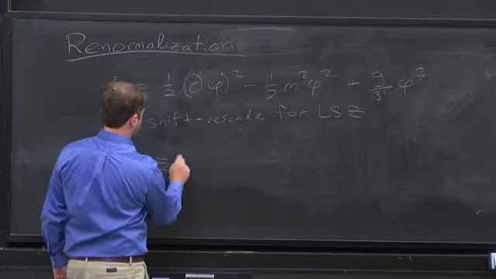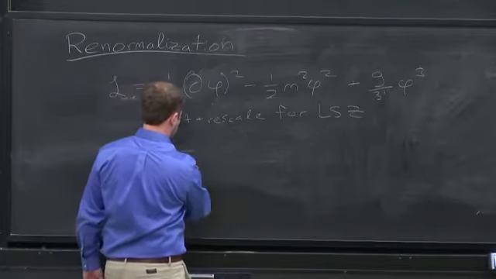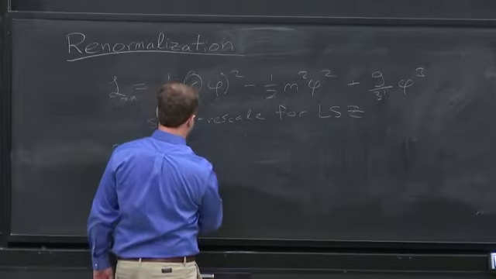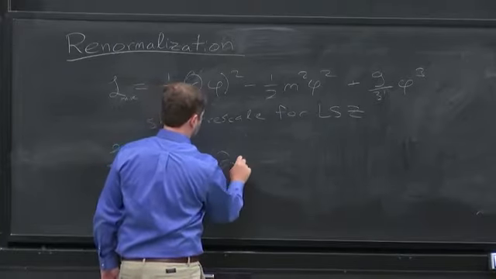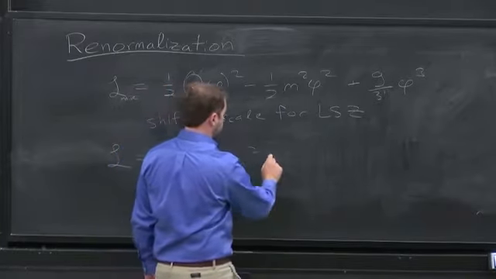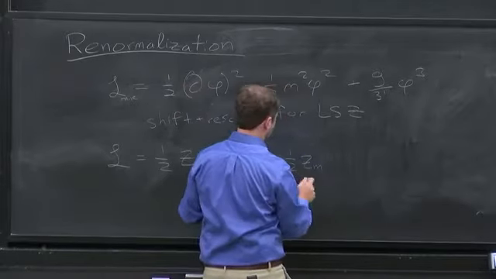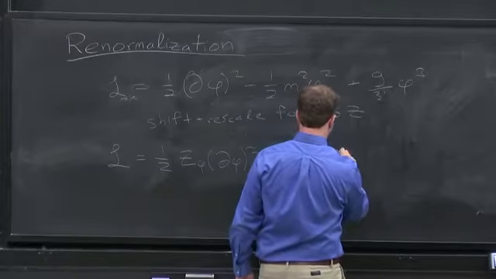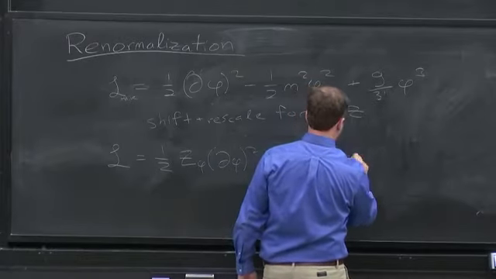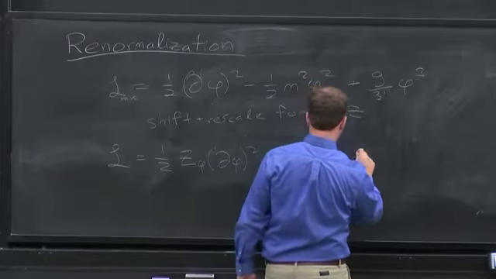So we get a bunch of extra factors here. One factor called Z phi, multiplying the kinetic term. I've also renamed things, so parameters are not the same as in the first and second equations.